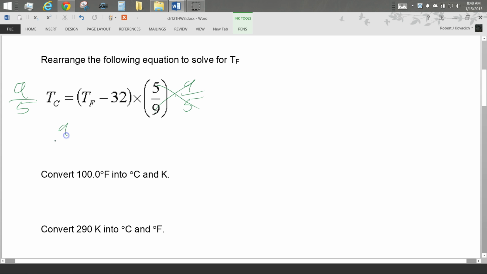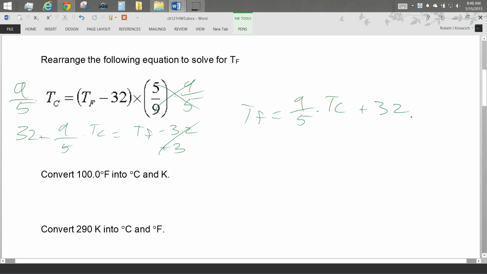Okay, so I get 9/5 times temperature Celsius equals temperature Fahrenheit minus 32. So I'll add 32 here, that'll cancel, then I'll add 32 here. So I'll get temperature final is equal to 9/5 times temperature Celsius plus 32.